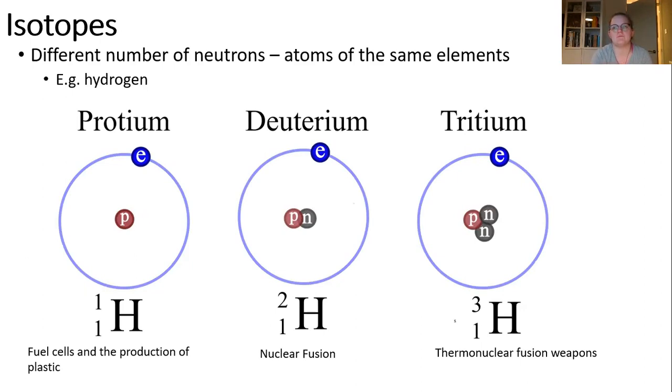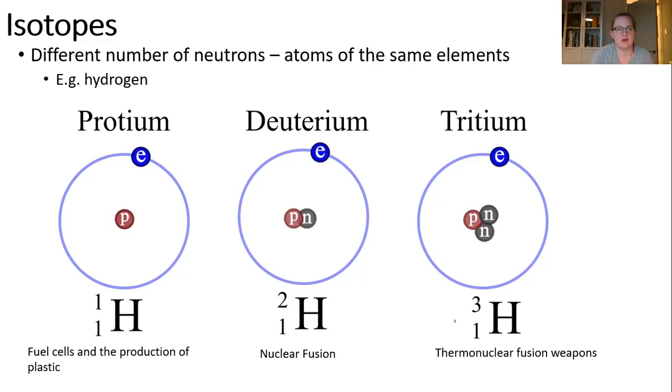Chemically there's not much difference between them, but in physics we've been able to use some of their differences. There are benefits to them having this different number of neutrons, so we've been able to use that advantage in physics a bit more.